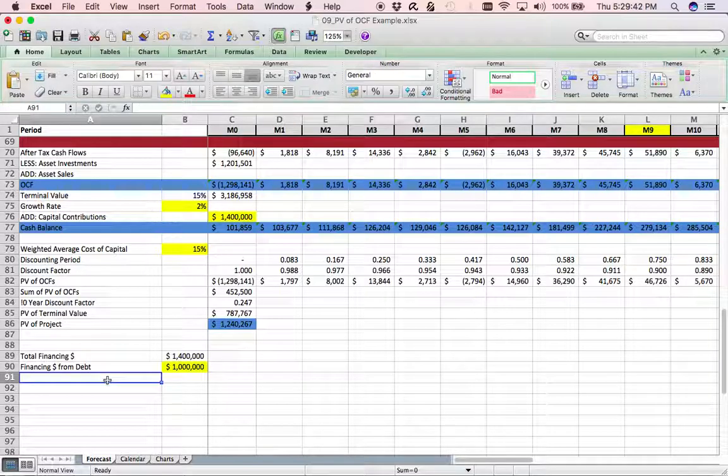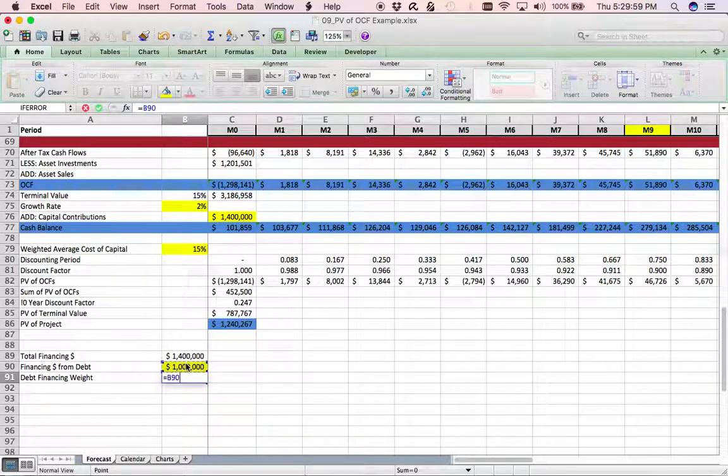All right, the debt financing weight. What proportion of the total amount of financing comes from debt? That's just equal to the debt amount divided by the total amount of financing.